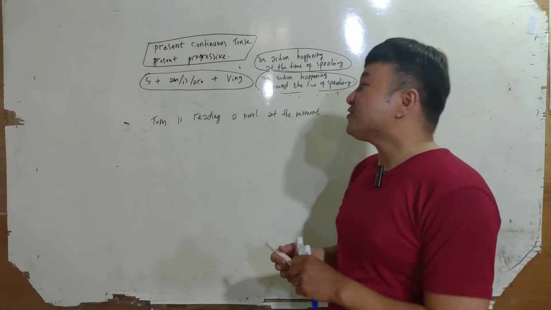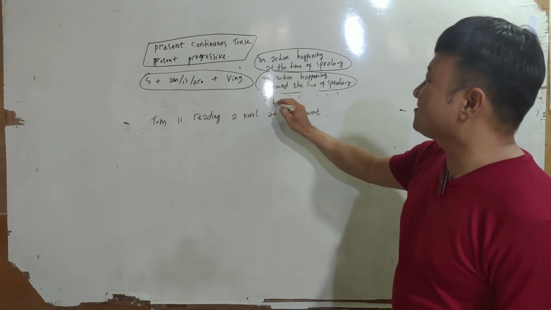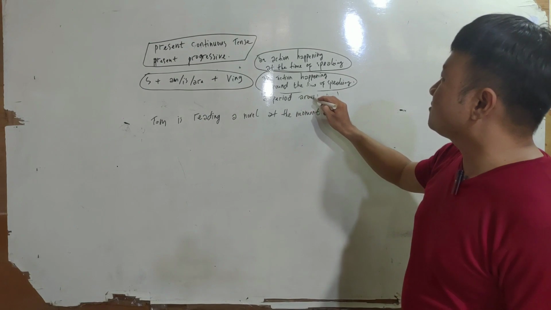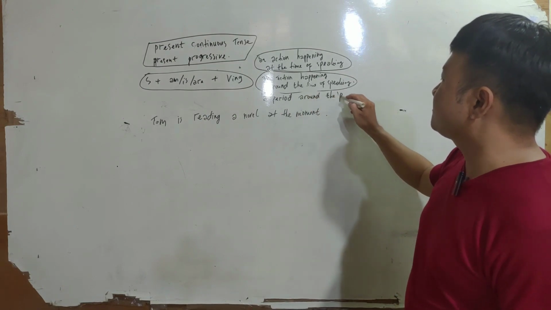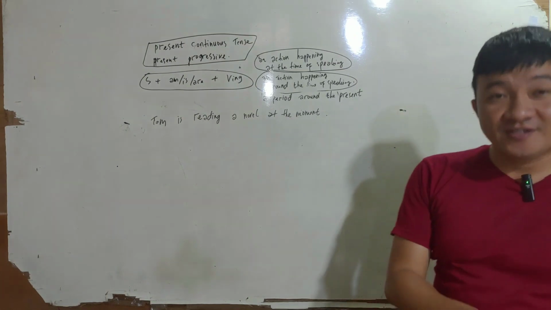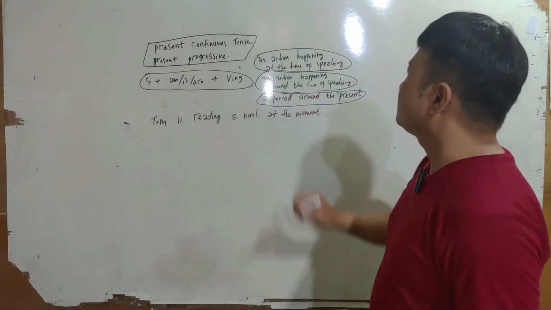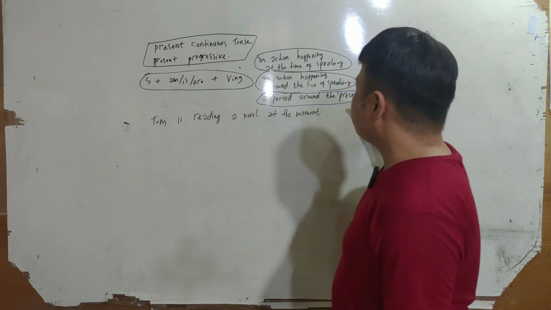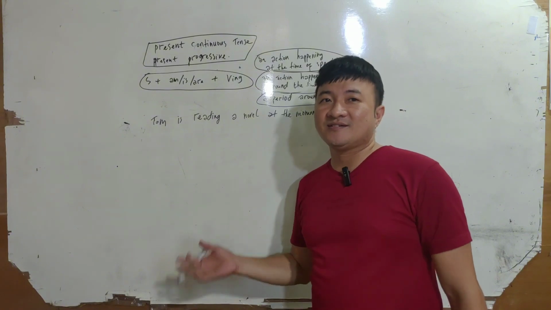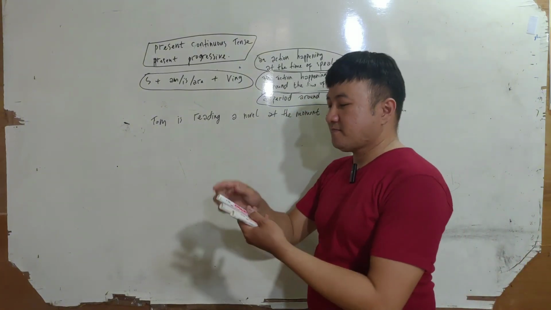Yes, we can also use the present continuous tense to talk about a period around the present. So a period around the present, for example, this week, today, this semester, this season, etc. Let me give you an example.